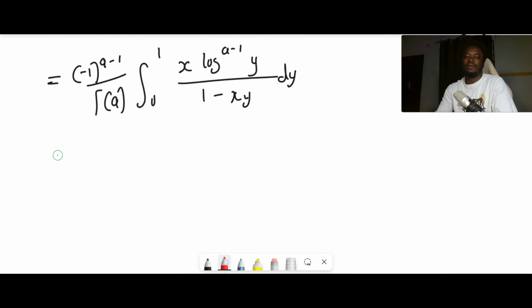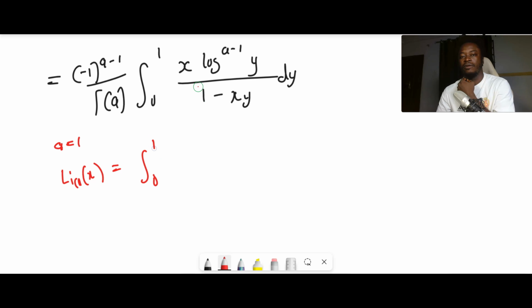And the point being that, for example, if you take a to be 1, when a is 1, you will have the monologarithm of 1 of x equal to, this will be 0, so 1 minus 1 is 0, so this will be just 1 times the integral from 0 to 1 of, the logarithm vanishes, you have x over 1 minus x y dy.